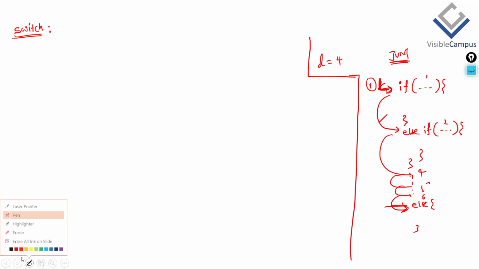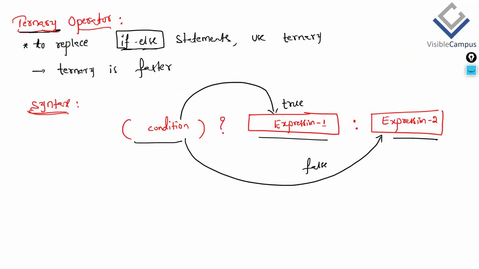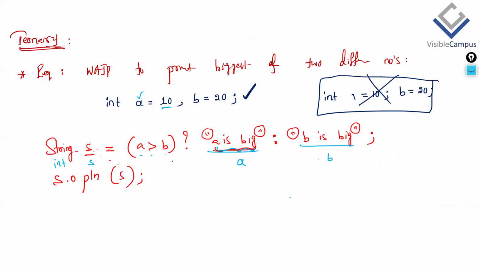When should ternary be used? Ternary is used to replace if else only. But when does switch have to be used?